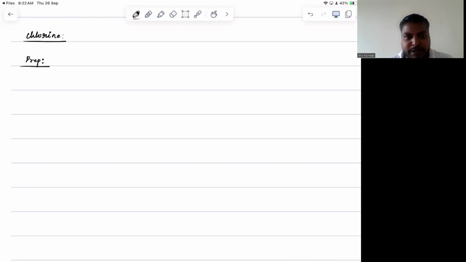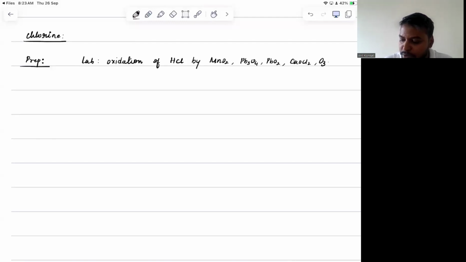So, preparation wise, if you notice, mainly in lab it is done by oxidation of HCl. Now this oxidation can be done by MnO2, Pb3O4, PbO2, got it, CaOCl2 or O3.